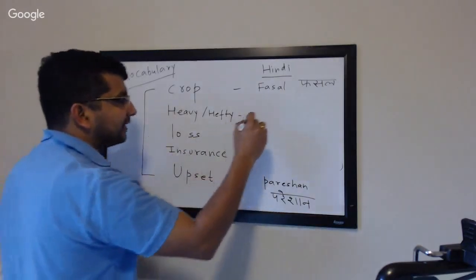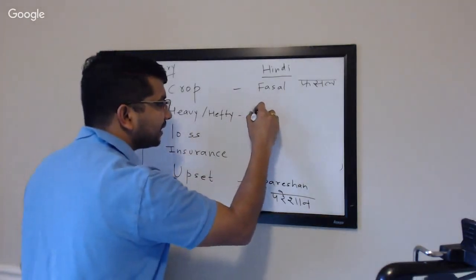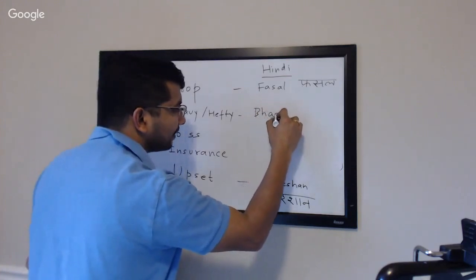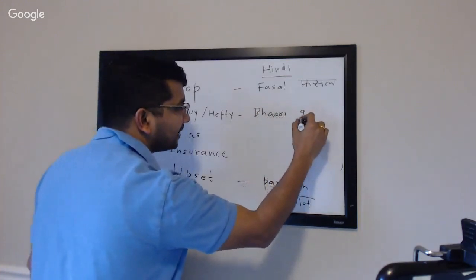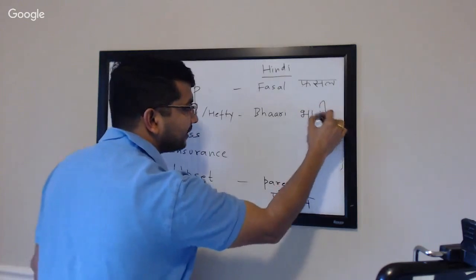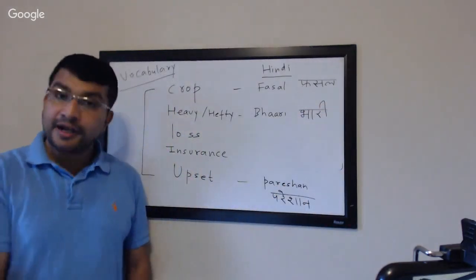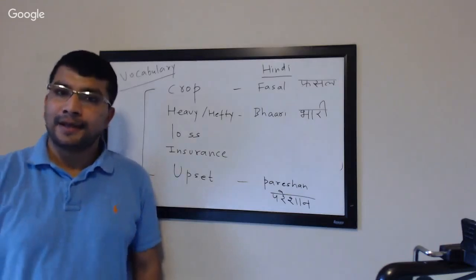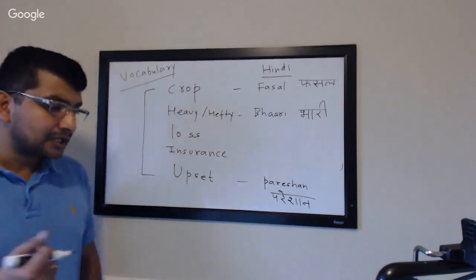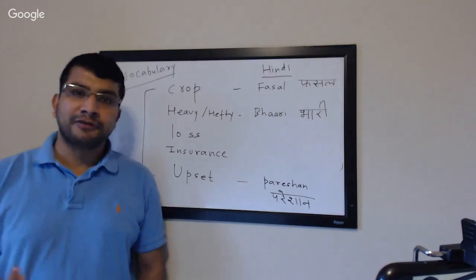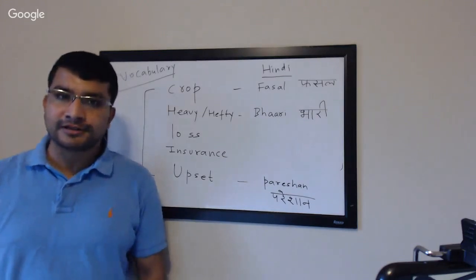Next one, heavy or hefty. I'm trying to use it in the sense of bhari. Bhari is heavy, right? You're lifting some stuff and it's heavy. You can say यह भारी है. Another way to use it is, let's say you suffered hefty losses.